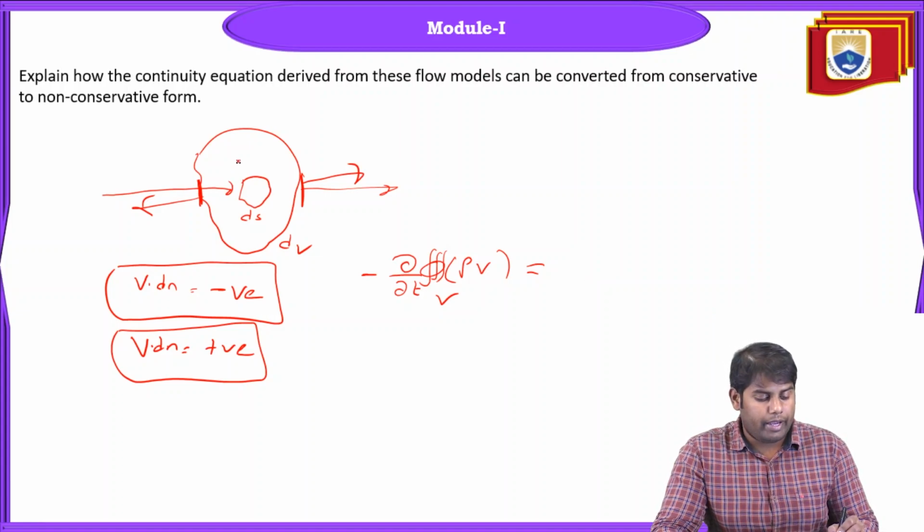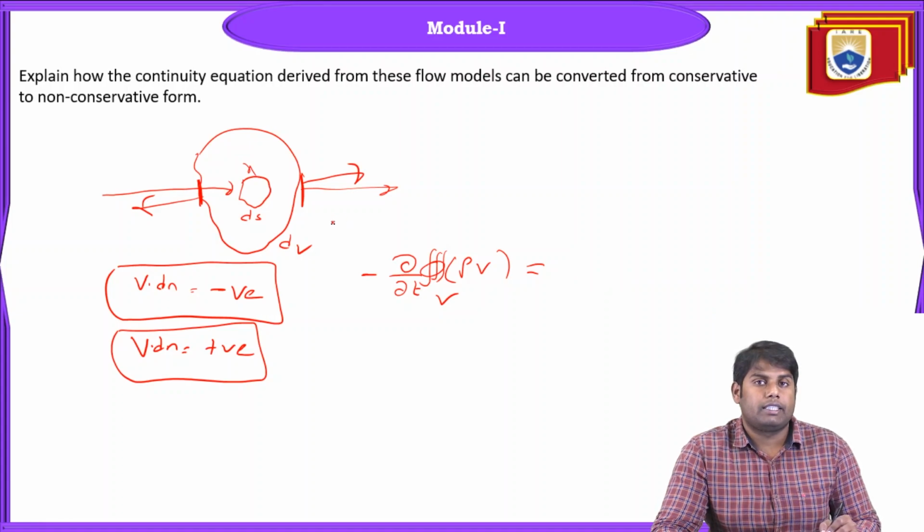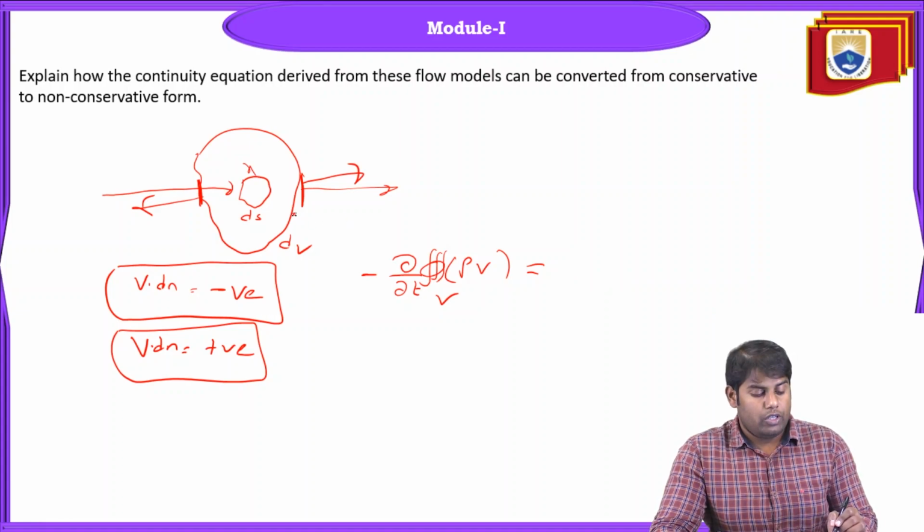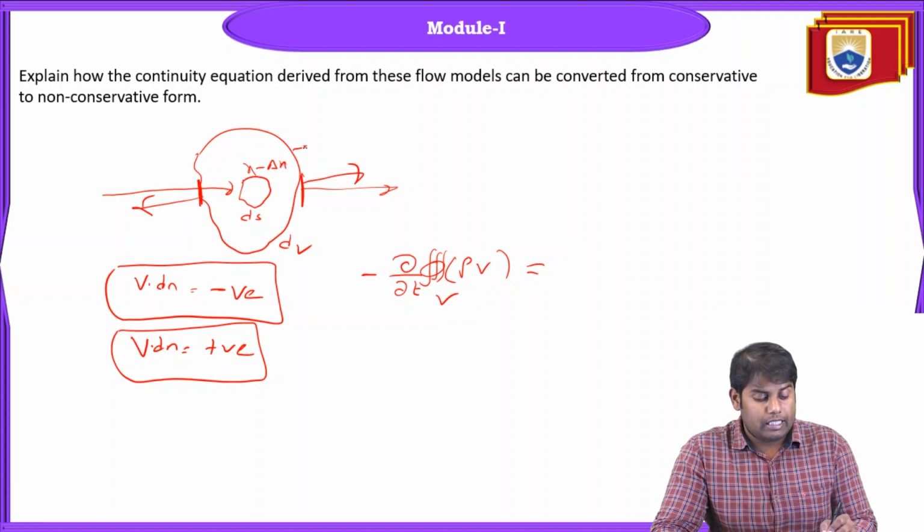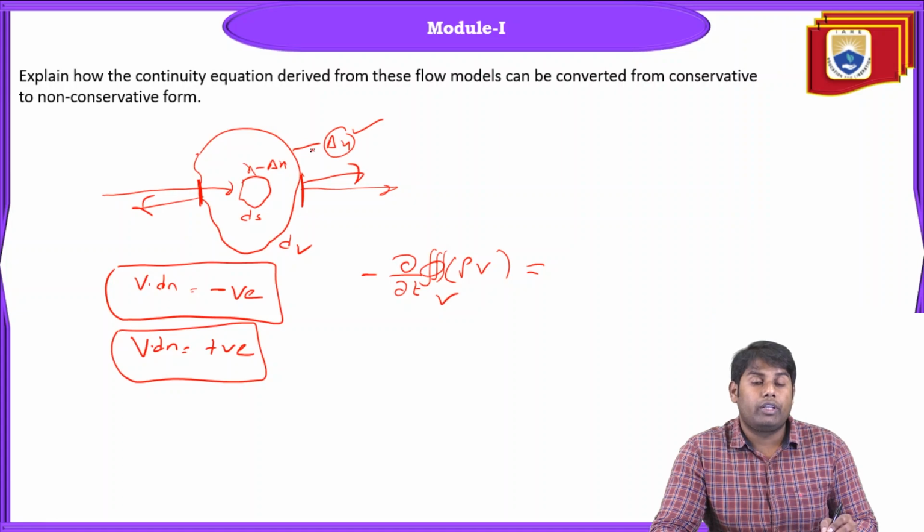So here you have some x amount of mass inside the control volume. When there is a decrease of mass, x minus delta x, this delta x amount is going outside. So that's why there is a decrease of mass inside the control volume. So this x minus delta x is the rate of decrease of mass, which is equal to the flow which is leaving out through the control surface.